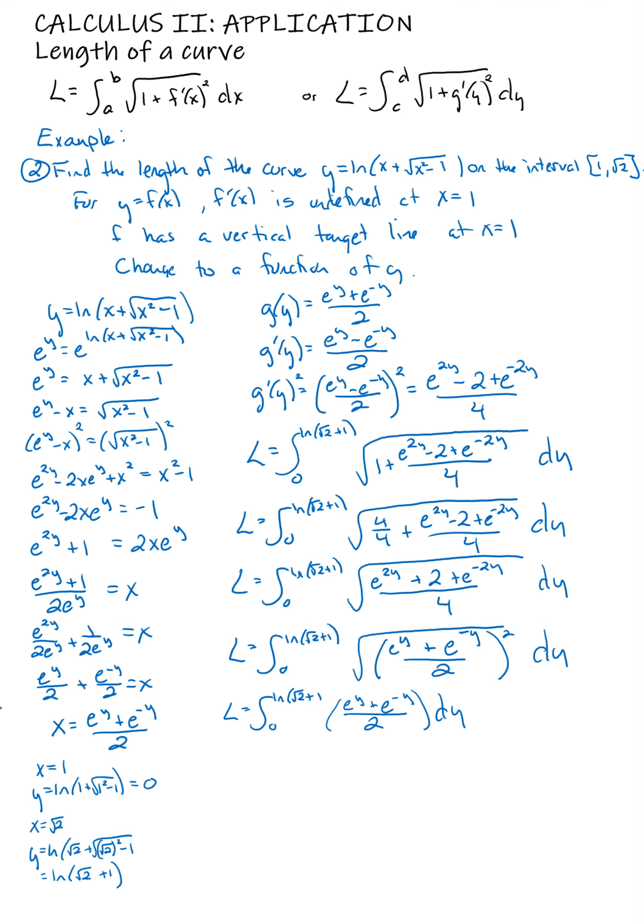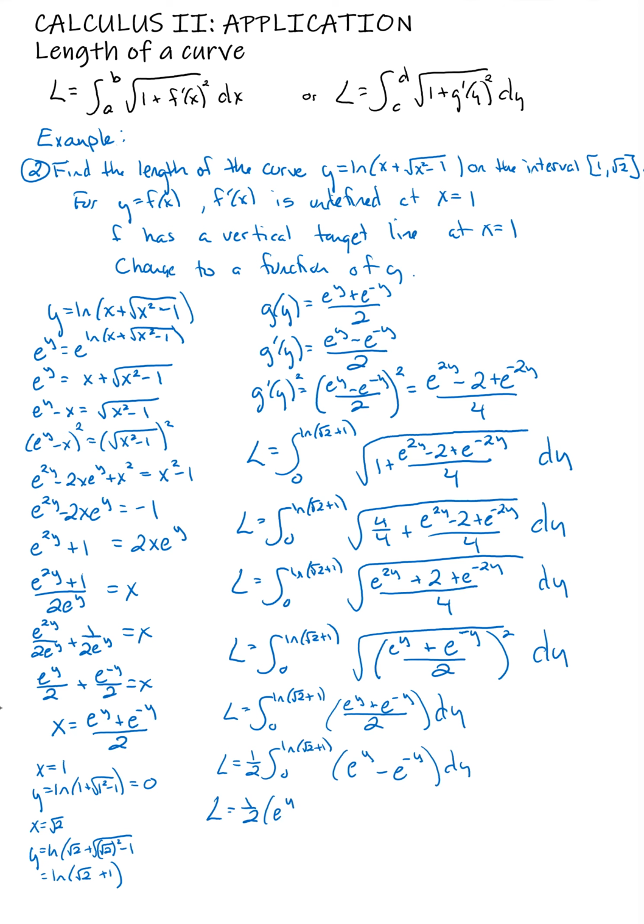All right, so now we need to integrate. Let's see. I will go ahead and factor out that 1/2, make it a little easier to integrate. So we have the integral of e to the y is simply e to the y.